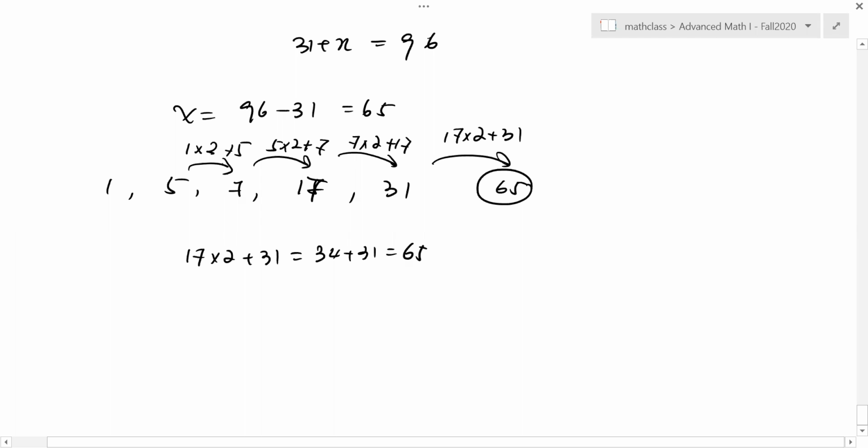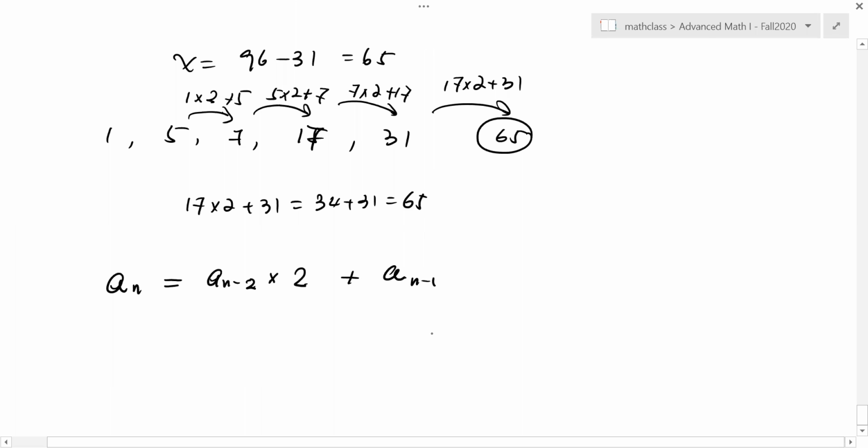So here's the formula: A_n equals A_(n-2) times 2 plus A_(n-1). And you are given A1 equals 1, A2 equals 5.